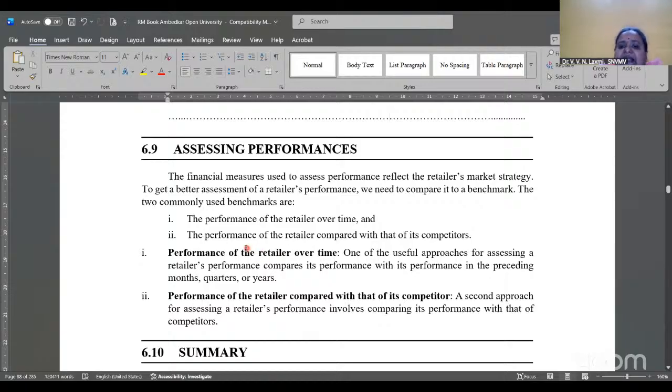And secondly, the performance of the retailer can definitely be compared with that of their competitors.